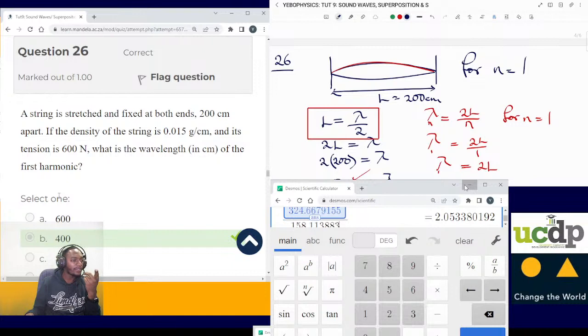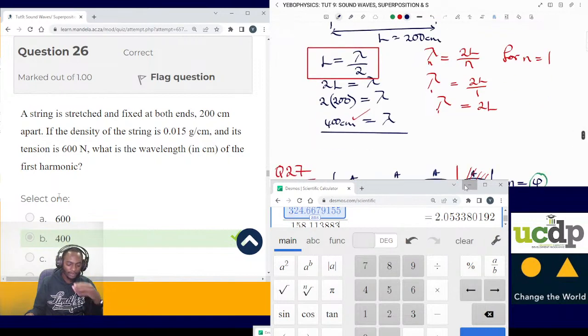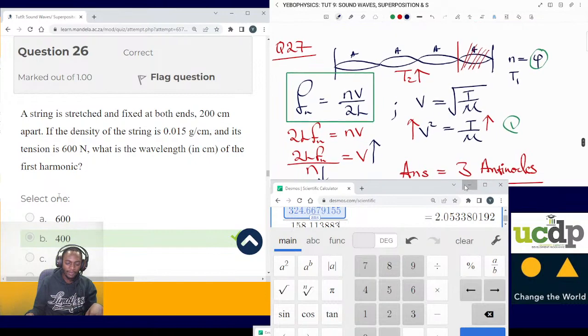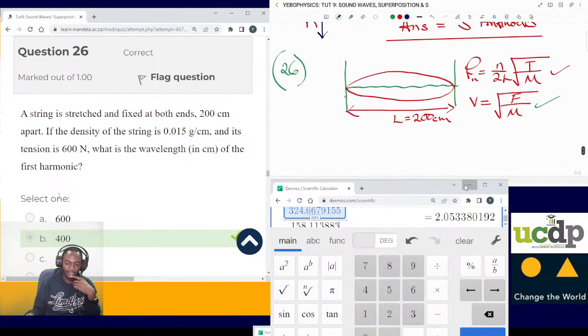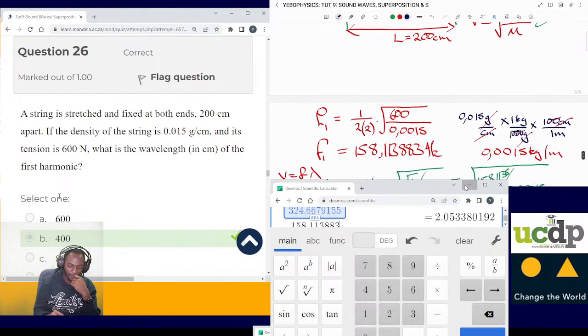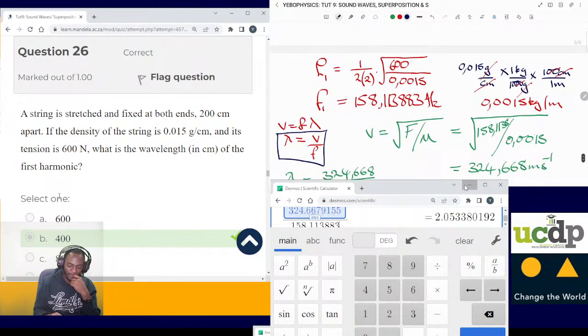A string is stretched and fixed at both ends 200 centimeters apart, which means the length is 200 centimeters. So the wavelength should be equal to 400. And then we tried it out using these two equations. F is equal to n over that, and we got our frequency is 158, and we used our frequency to find the velocity.